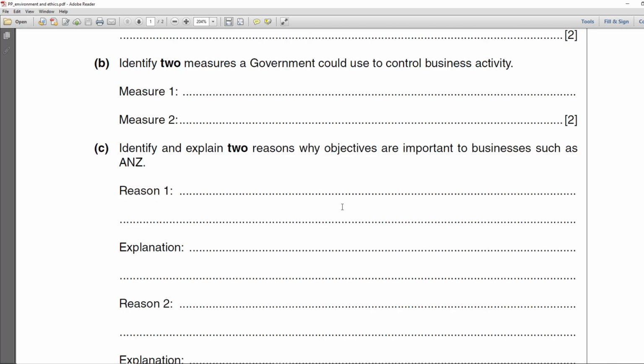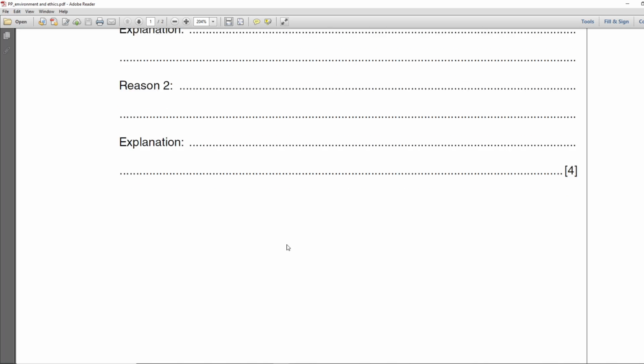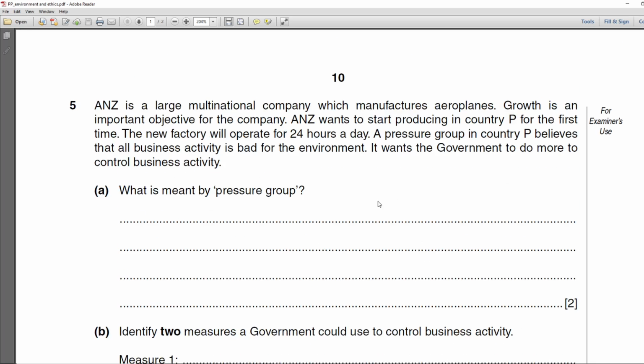Here it's more important to show the application.